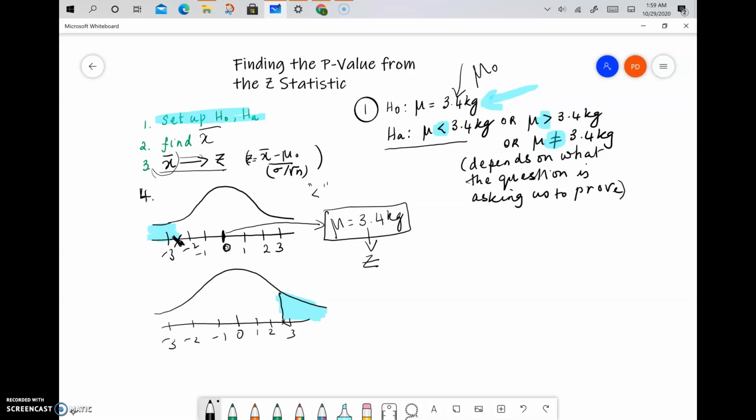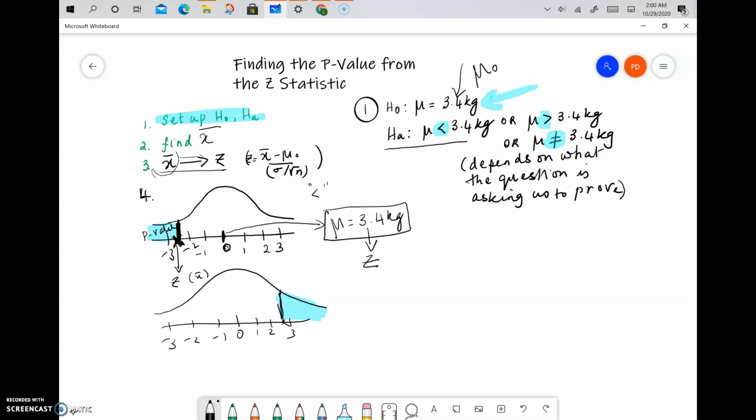Remember, x bar is converted to its z-value. We get a z-value to the left of 0. Since it's a left tail test, we find the area to the left of the given z-value. This is the z-value of x bar. And remember, that area is called the p-value.